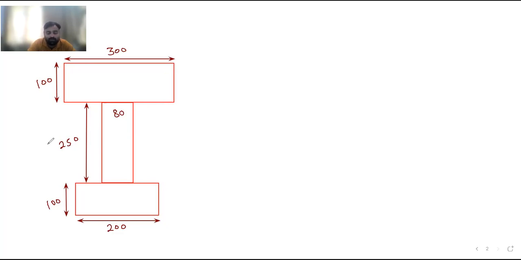This is the condition given in the problem. Now we want to calculate the value of e.